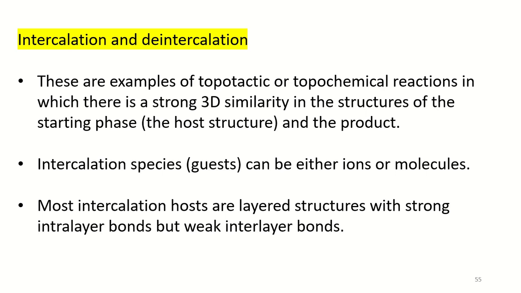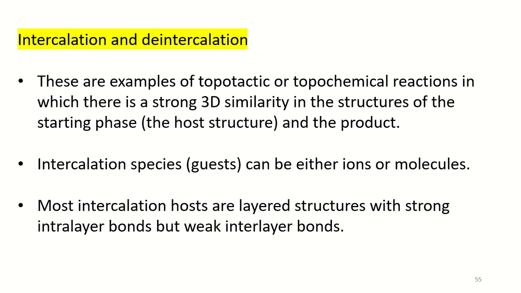These are examples of topotactic or topochemical reactions, in which there is a strong three-dimensional similarity in the structures of the starting phase, that is the host structure, and the product.